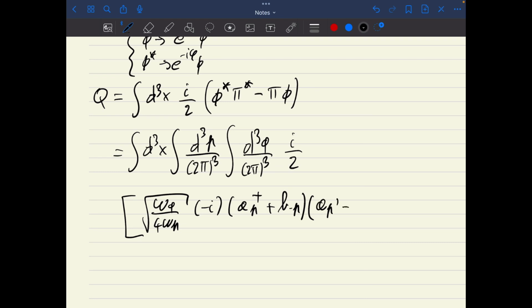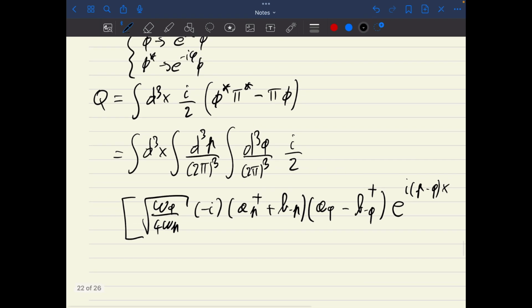P prime or Q, okay, Q here, minus B minus Q, exponential i P minus Q x.